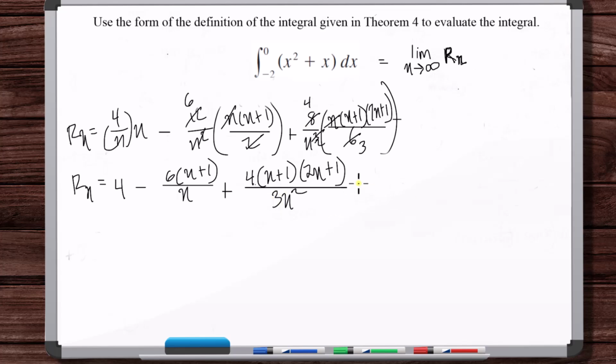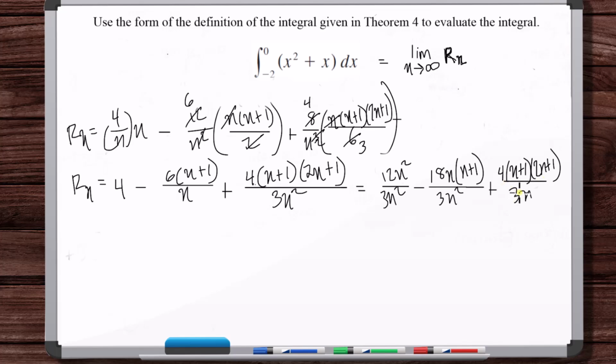Okay, now let's create a common denominator. So we've got 12n squared over n squared minus 18n times n plus 1, or this would be 3n squared, over 3n squared, plus 4 times n plus 1 times 2n plus 1 over 3n squared.